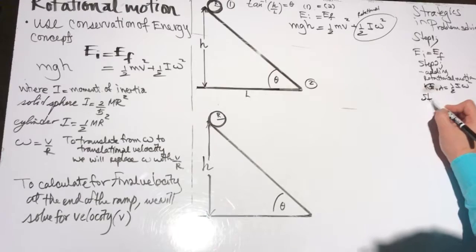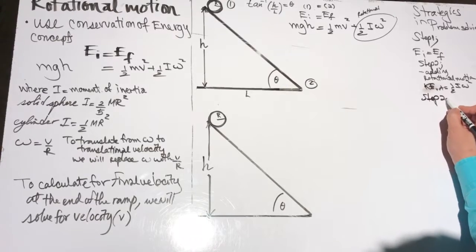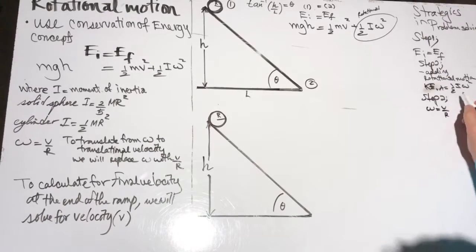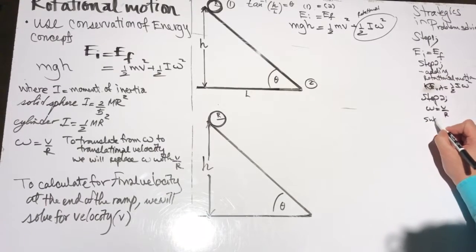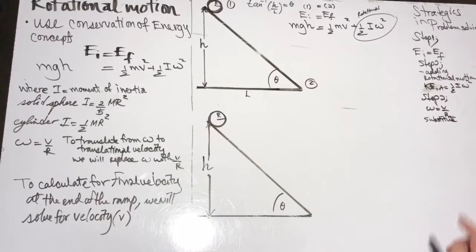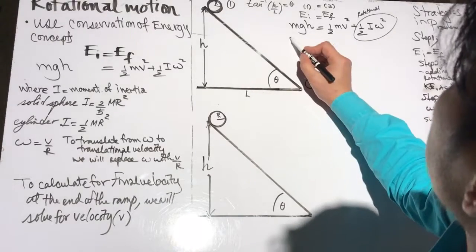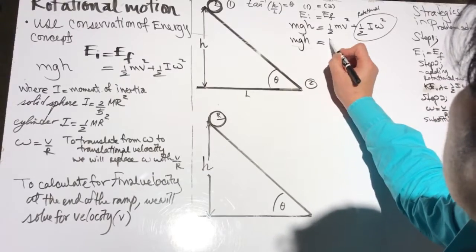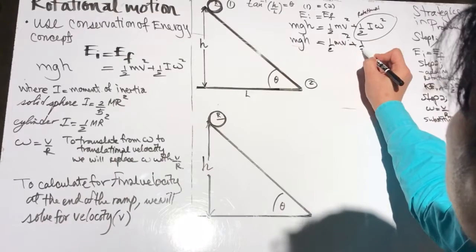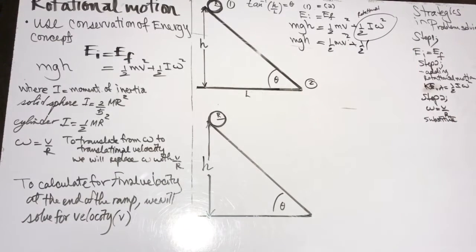So now step 3. I'm just going to say substitute omega with that one, so replace it. So 1/2 mv squared plus 1/2 I omega squared.